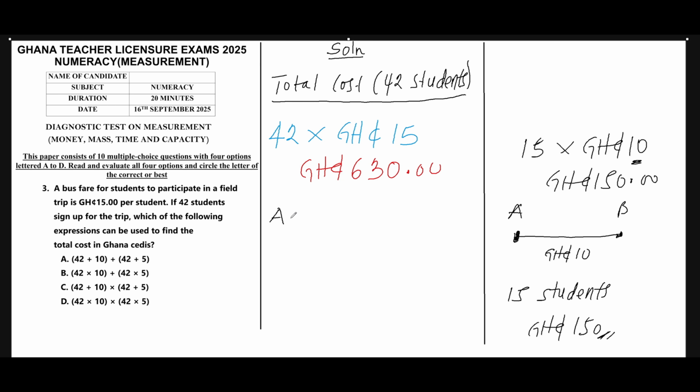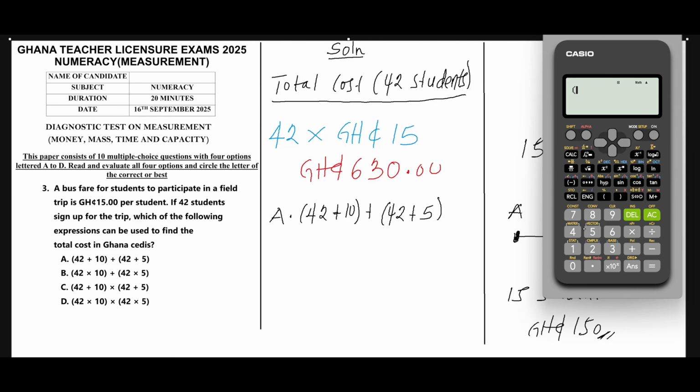For option A, we have 42 plus 10, plus 42 plus 5. With the help of the calculator, let's see.